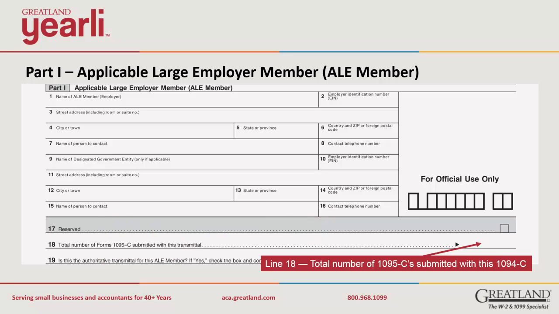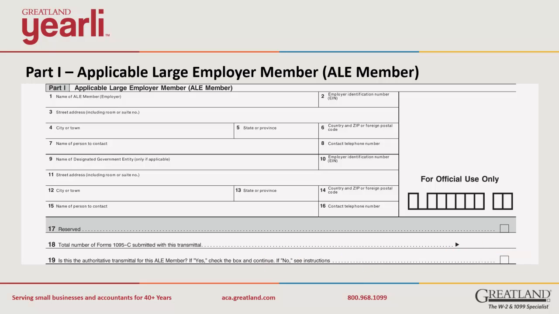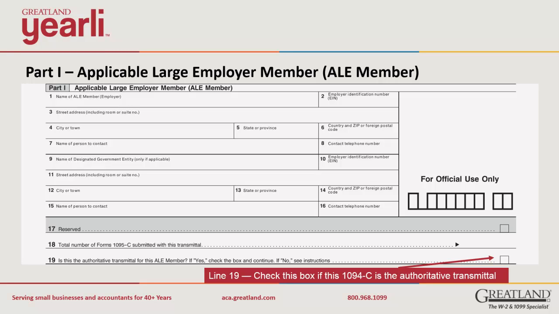On line 18, enter the total number of 1095-Cs submitted with this 1094-C. For example, if the employer is filing 100 1095-Cs with this 1094-C, enter 100 on line 18. Check the box on line 19 if this 1094-C is the authoritative transmittal.